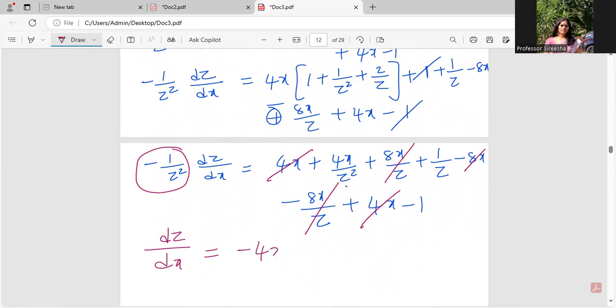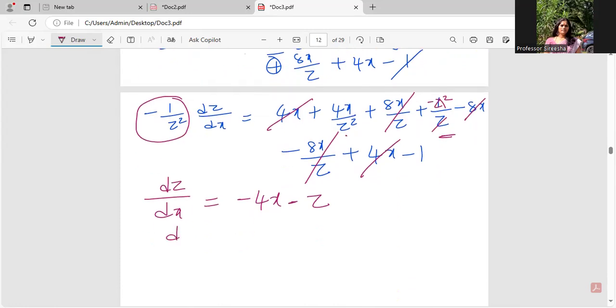Minus 4x. Okay. And then here I'll be getting what? Minus z. Okay. I'll be writing here minus z squared. So z and this will go off. I'll be having something like this.